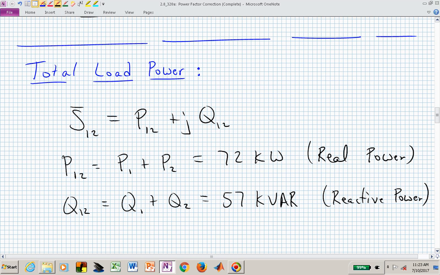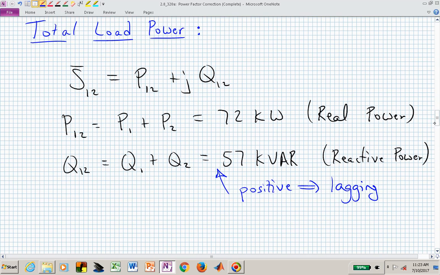We can see that that result was positive, which says that we now have a lagging current in the combination of loads 1 and 2, which means that net we have an inductive type load.